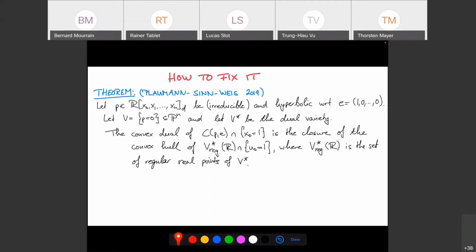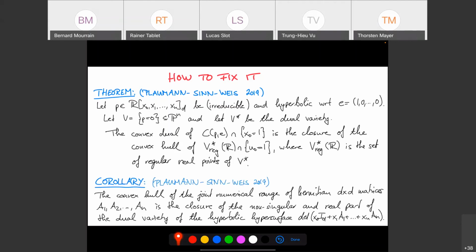Then you take the convex hull of that, so you don't, in general, get a closed set, but the polar is always closed, so you then close it up, and then you get the right thing. The special thing that happens for curves is that, by studying the singularities carefully, you can get rid of this extra condition that you only look at the regular points. So that's what is needed to be able to generalize to higher dimensions.